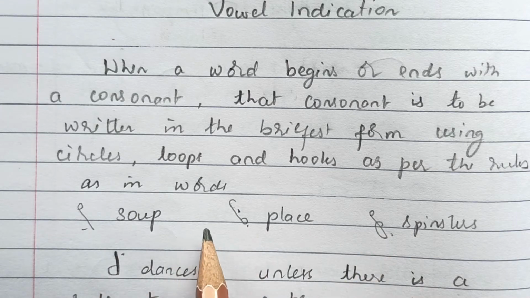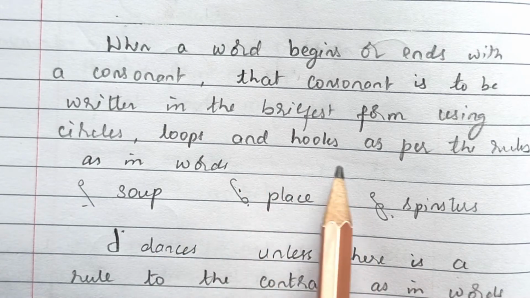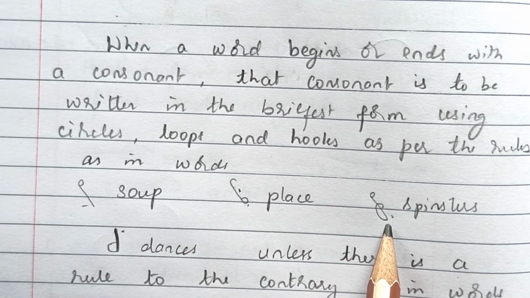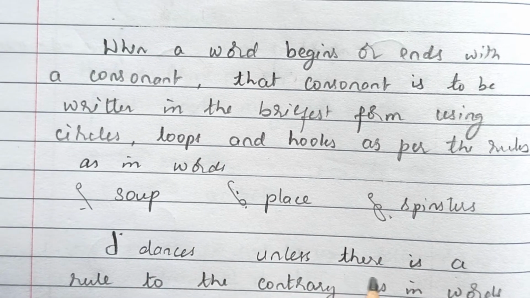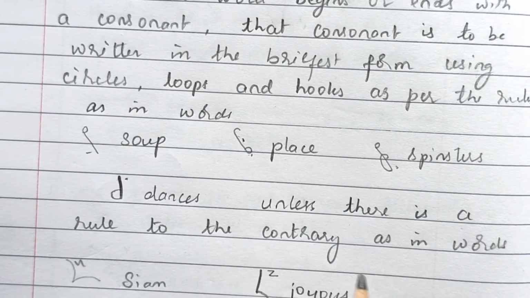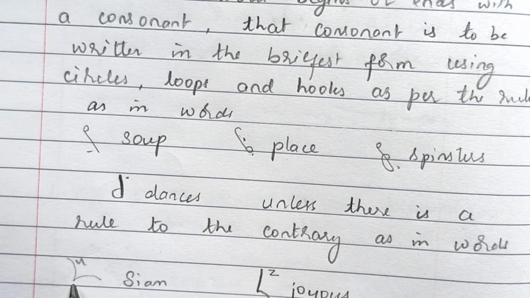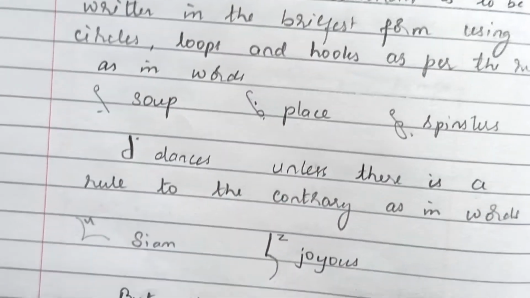So this way we can use the briefest forms of the consonant, like soup, plays, spinsters, dances, unless there is a rule to the contrary, as in the words Siam and joyous, where we have the full stroke consonant. Here we are not using any of these briefest forms.